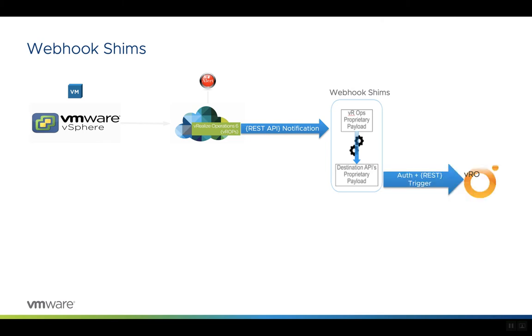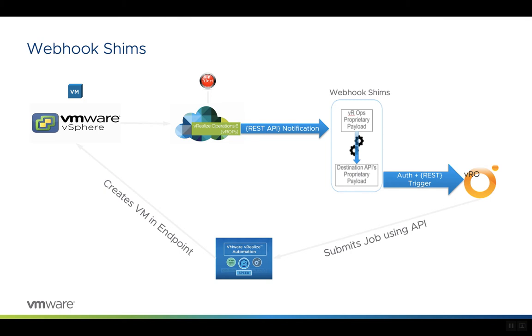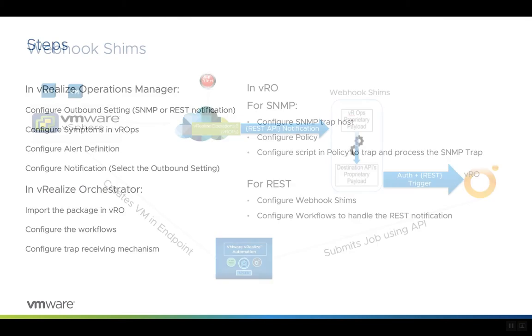Webhook Shims does that translation for you. It just translates the data and sends it to VRO. VRO then submits a job back to vRealize Automation using API, and vRealize Automation creates the VM in the endpoint. So that's the entire webhook shims requirement and the REST notification setup.